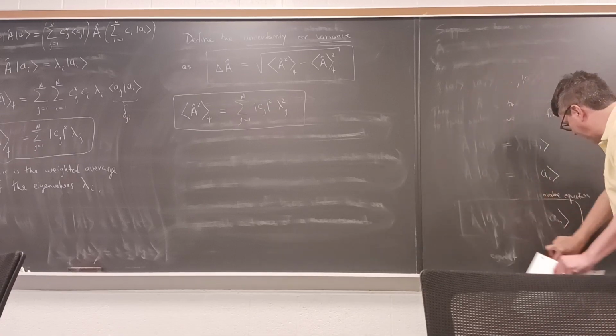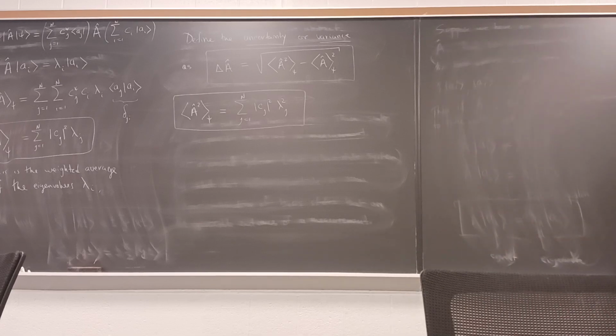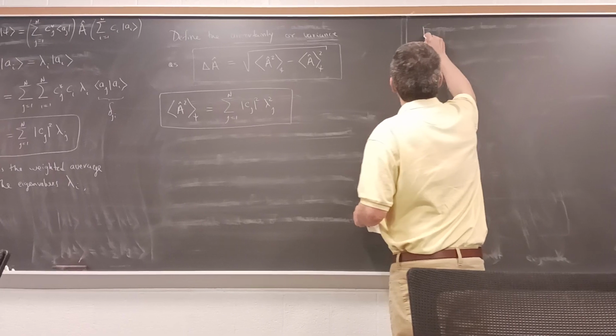So we'll go back to our electron spin system here. We'll be back in two-dimensional Hilbert space, so it makes it easy. Okay, let's do the first example.